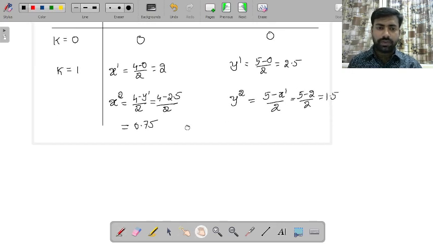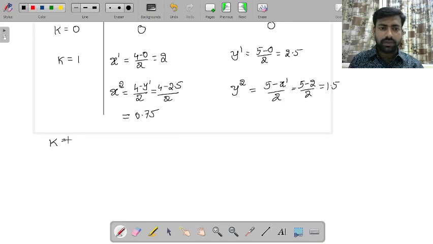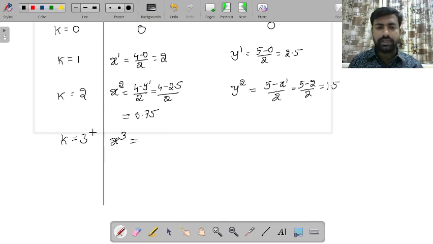Okay. So if you proceed in this way, you can get the values when k equal to 2. So when k equal to 2, we get x2 and y2, and this is k equal to 3, x3 and y3, and when k equal to 4, we get x4 and y4.